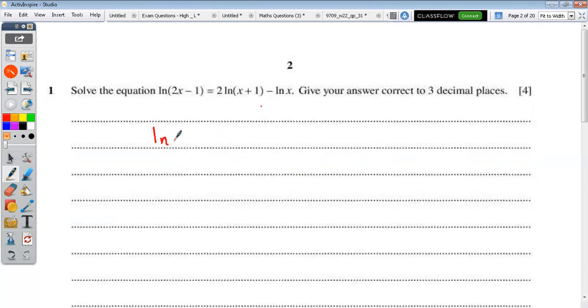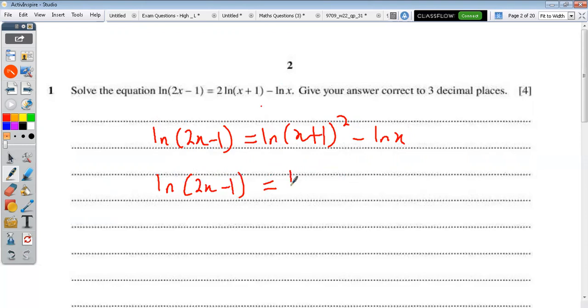So I would say you can say ln brackets 2x minus 1 is equal to ln brackets (x plus 1) all squared minus ln x. So this is the same as ln brackets 2x minus 1 is equal to ln brackets (x plus 1) all squared divided by x like this.